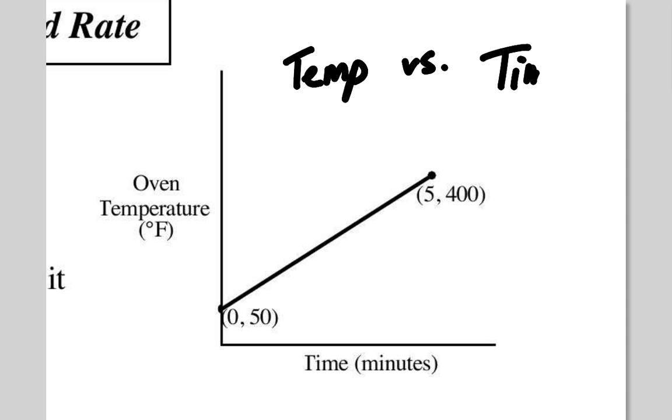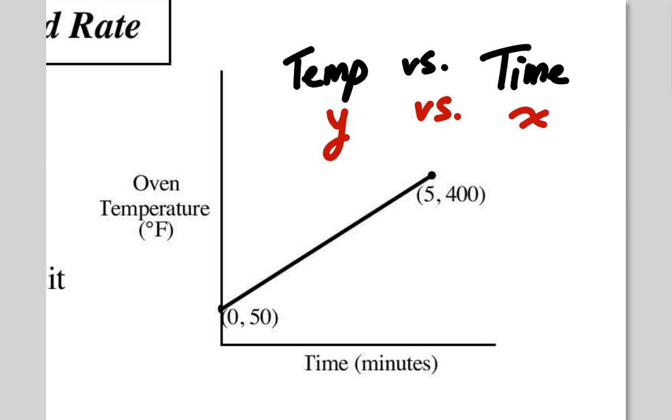So just jot that in, and you'll start to appreciate that it's always going to be like this, y versus x. You have the y that goes vertically, that vertical scale, and this horizontal scale, x, for time. And it's degrees Fahrenheit, the American temperature, and then minutes.